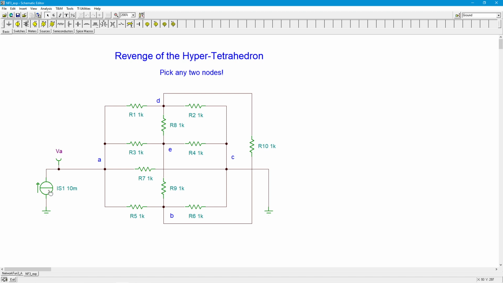So you could take the current source and run it into B and ground E. Or you could run the current source into D, right, and ground C like I have here. Or you could ground B or ground A, or run the current source into E. It doesn't matter. So you've got 5 of these, put the current source into one of them, and ground one of the other 4. You're going to get the same result.